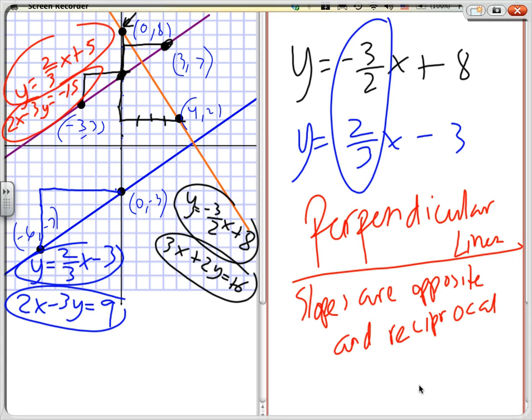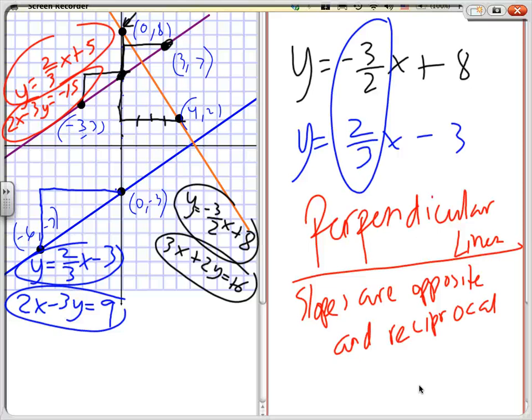So slopes are opposite and reciprocal. It's right there. I just showed you that case. What about the 8 and 3? Okay, we don't care about that. We just understand for a fact that the slope must be opposite and reciprocal.